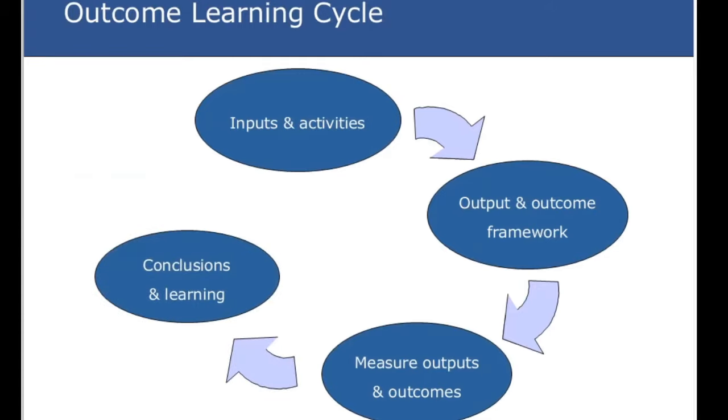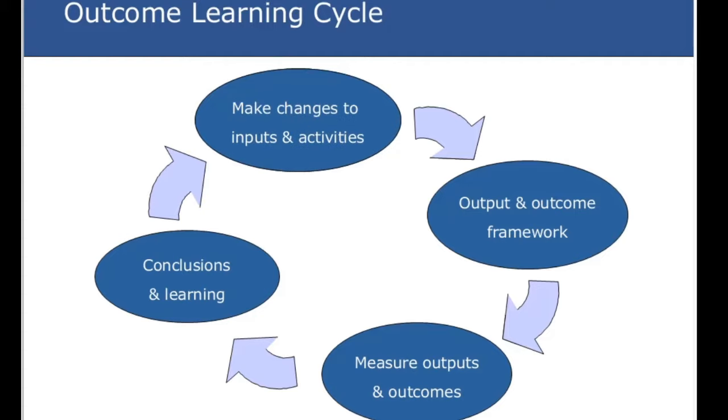From those measurements, you learn, you draw certain conclusions about the effectiveness of your programs and activities, resource allocations, and so forth. And in that learning, you then return to your inputs and activities and make changes based on the conclusions and the learning that you drew from the measurement of outcomes.